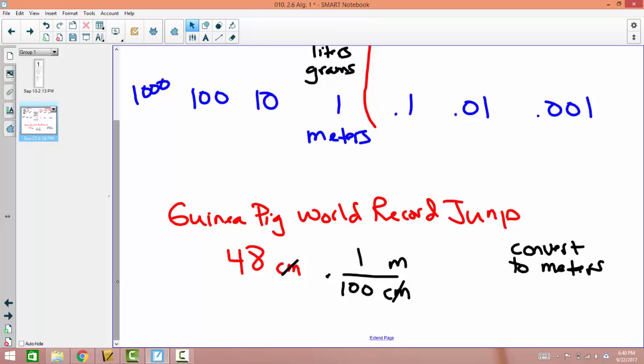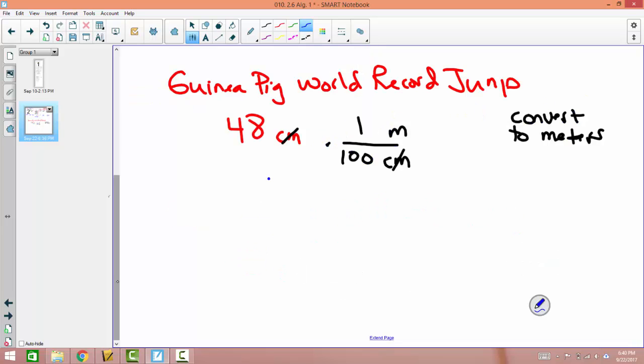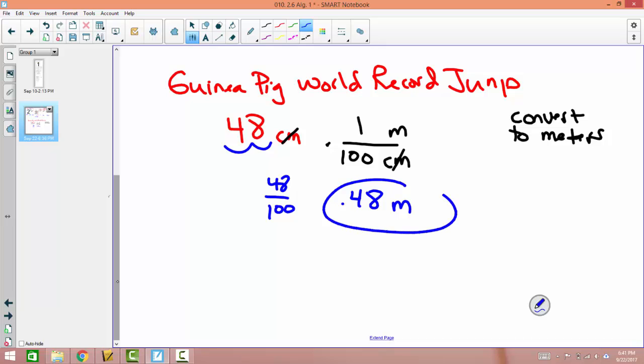So to write centimeters into meters, you're going to do 48 divided by 100, which is 0.48. If you're understanding this, you can just move the decimal back. So 0.48 meters is the jump of a guinea pig. So that's like half a meter stick, which is pretty impressive for a guinea pig. They're not that large. 48 meters is the same exact thing.